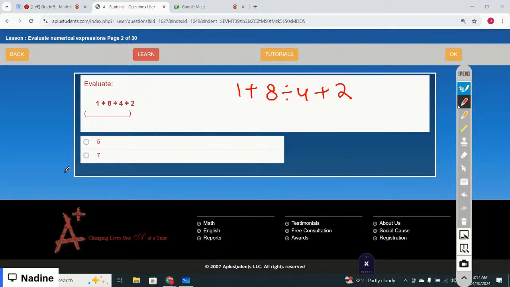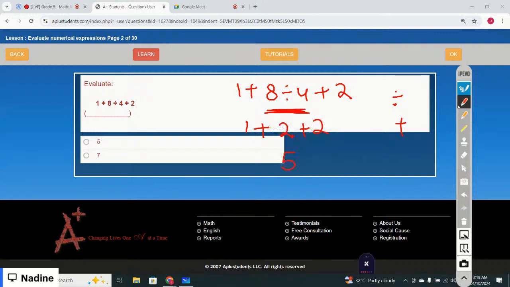The next one is 1 plus 8 divided by 4 plus 2. So you have addition and division. Division has higher priority over addition, so you have to perform division first. 8 divided by 4 is 2. So that is 1 plus 2, and at the end you are left with just additions.